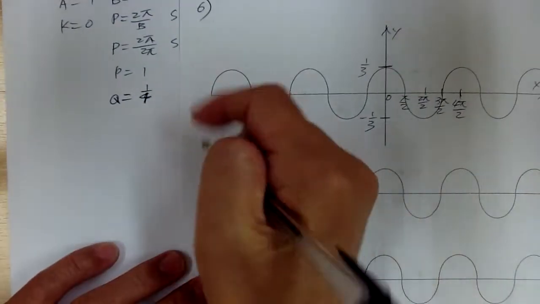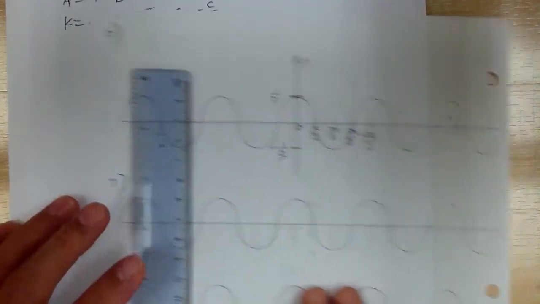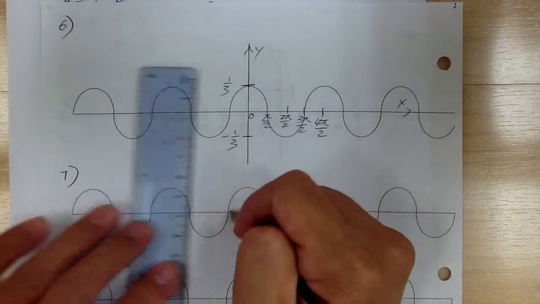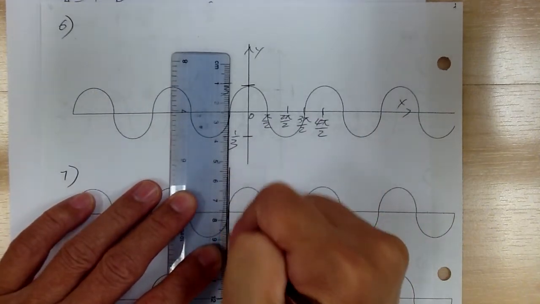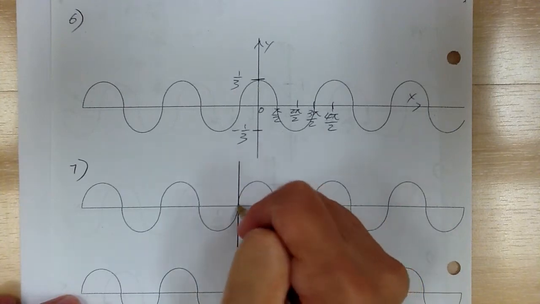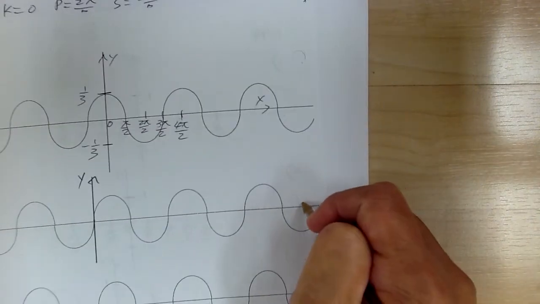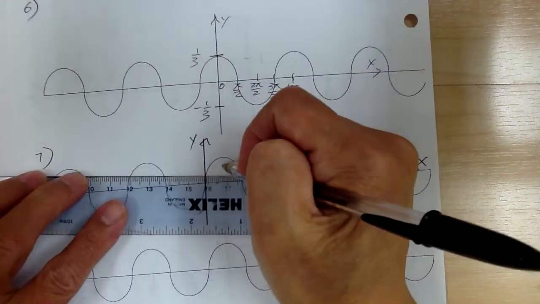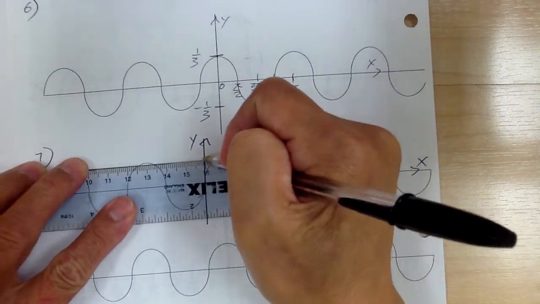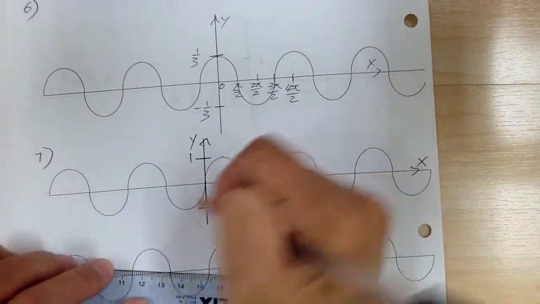So number 7. This is a sine graph. Sine starts going uphill, so it starts right over here. You have to remember your starting point. So that's Y, and this is the X. The amplitude is 1, so that's 1, and here's your negative.